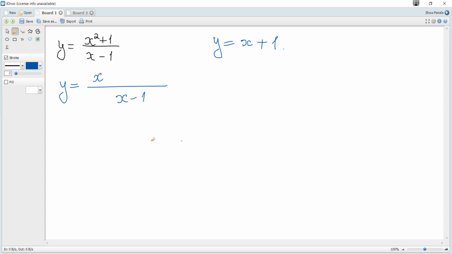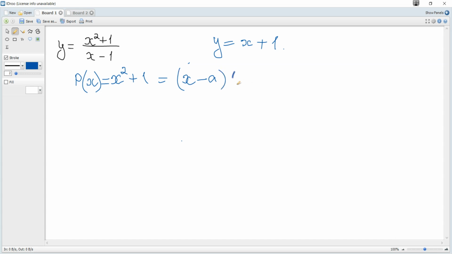The next way is just to divide the polynomials, and I can do that using synthetic division or long division. According to the remainder theorem, I can represent any polynomial as x minus a in general multiplied by another polynomial plus remainder.